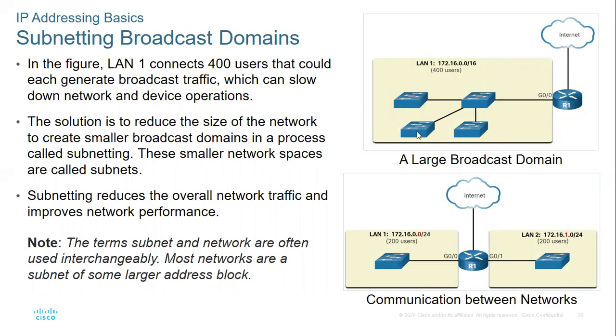All right, so you have this organization, and in this organization you have so many switches. When you have so many switches, it means that when the broadcast reaches this switch, it has to go to all the switches.